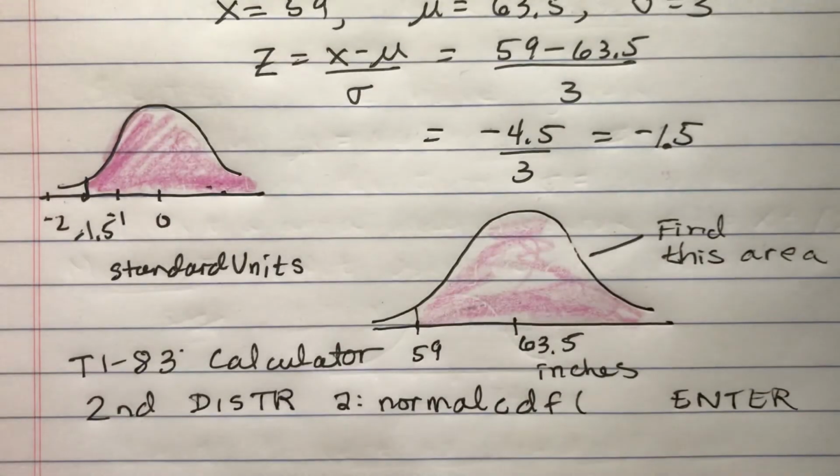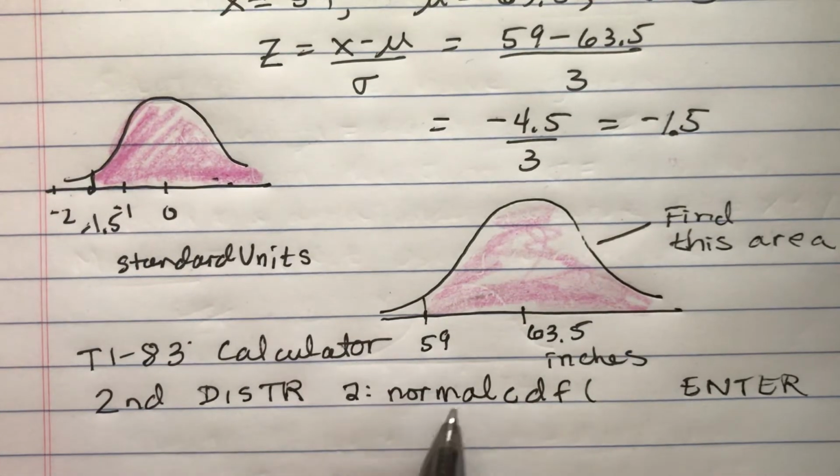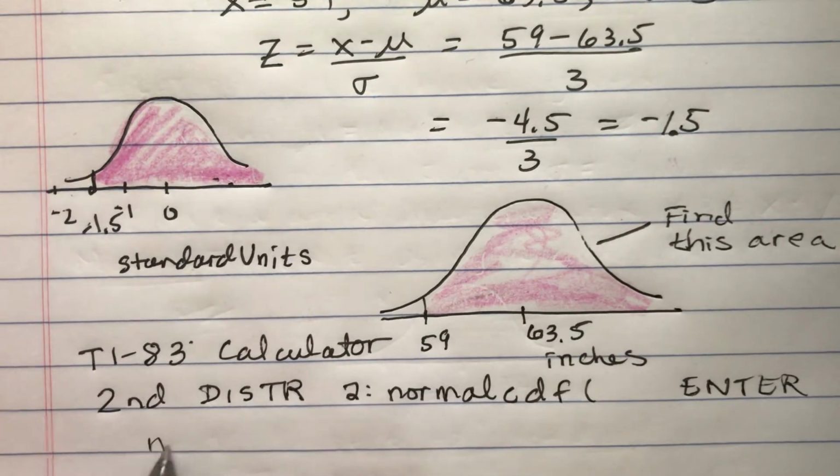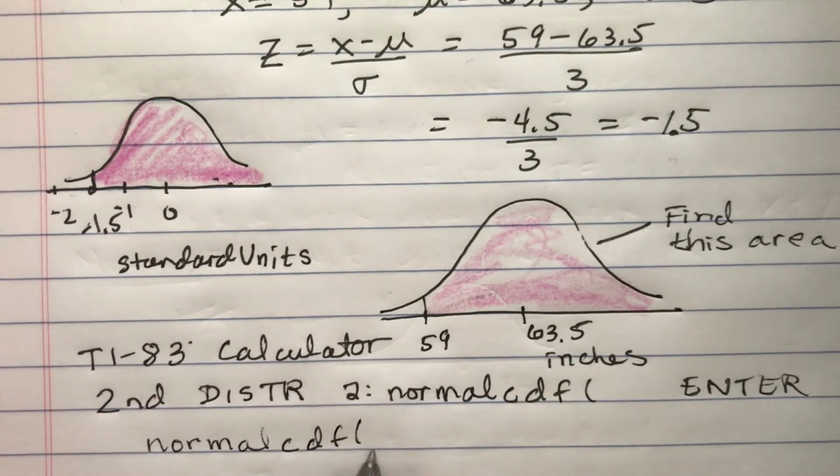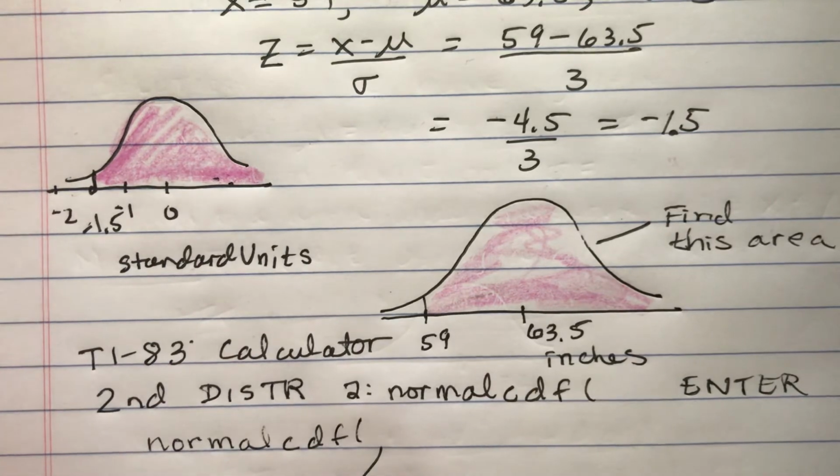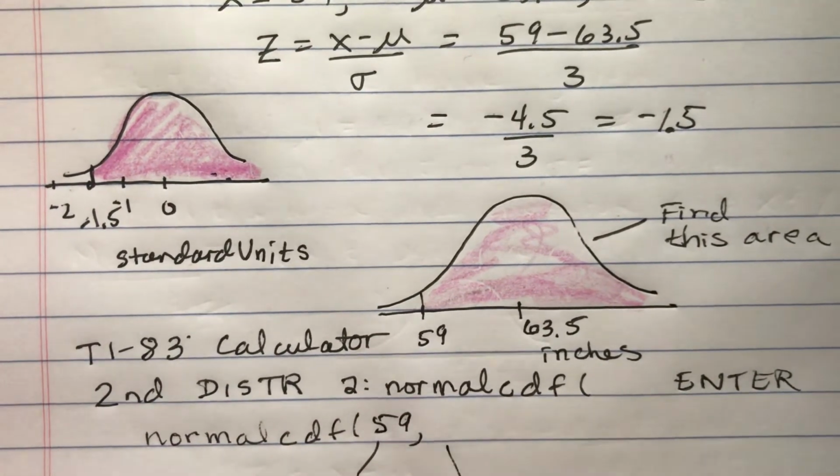Not PDF, CDF. Then I get this on the screen, normal CDF. And what I need to do is put the left endpoint, which is 59.